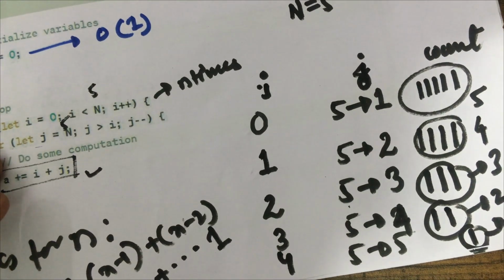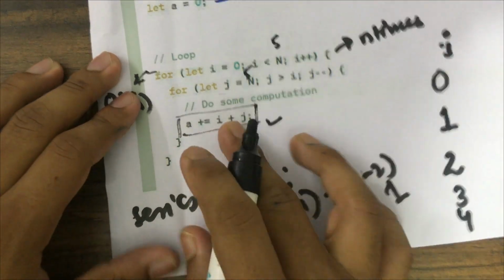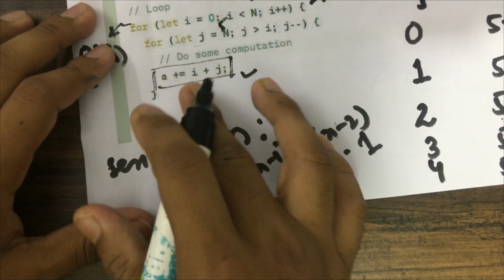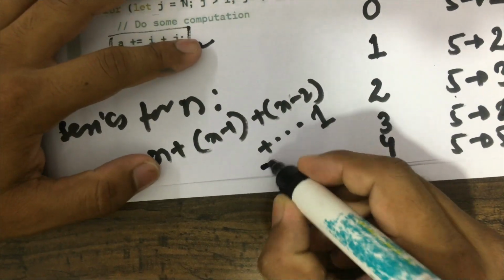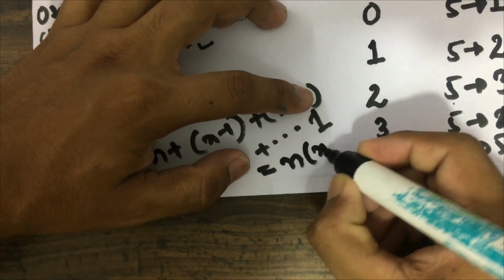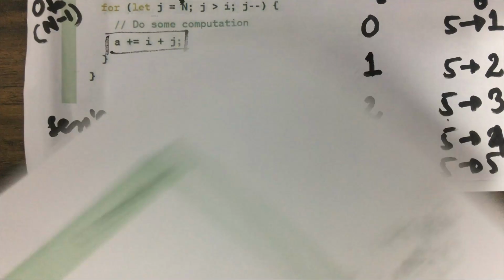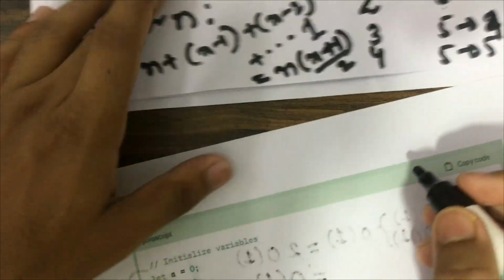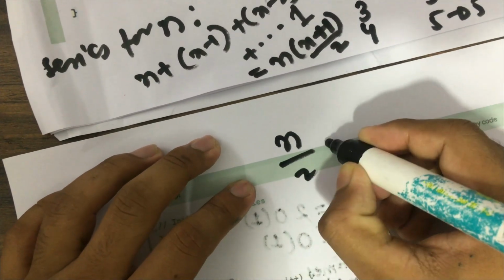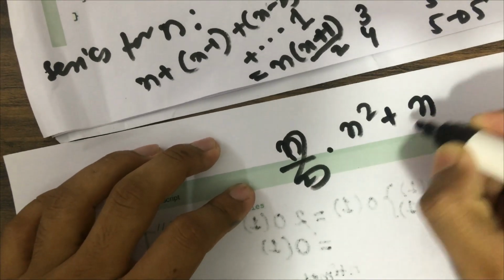If we add them together, we'll be able to find how many times this inside one will be executing. So basically it would come out to be n into n plus 1 by 2. We'll solve this further somewhere else, but let's try to solve it here. So n into n plus 1 by 2 will become n square upon 2 plus n by 2.